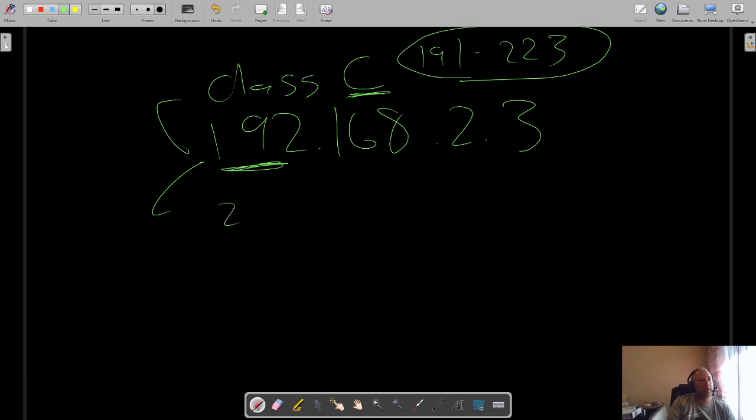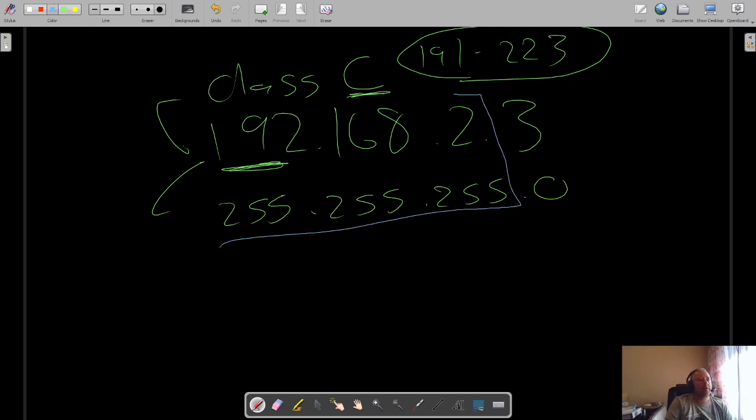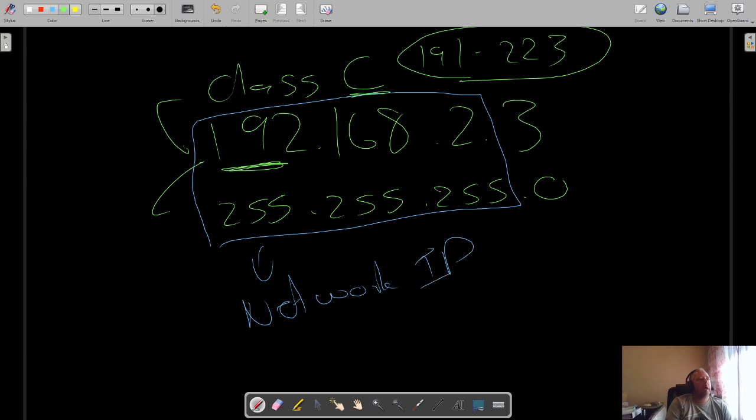Because it's class C, I can tell you that the subnet mask is 255.255.255.0. And by looking at the subnet mask, I can tell you that the first 3 octets are the network ID, and the last octet is the host ID.